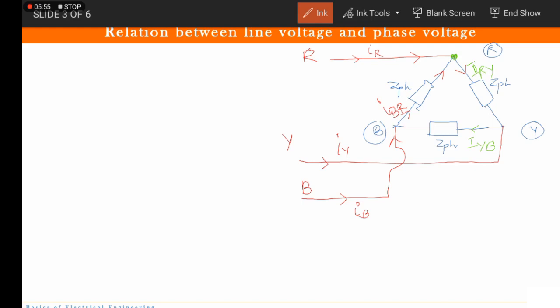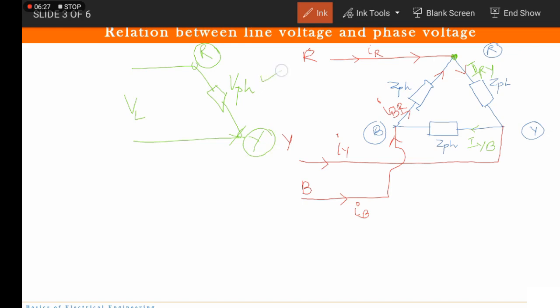Fine. Now, what is the phase voltage? If this is a phase, then this is the phase voltage. But please remember that this is the Y point, and if I draw only these two, what is the line voltage? Line voltage is the voltage between two pairs of terminals.